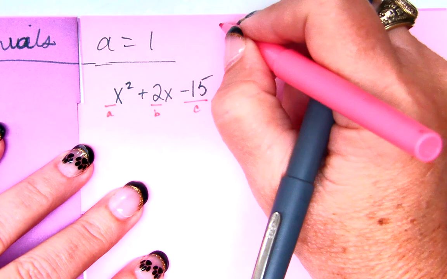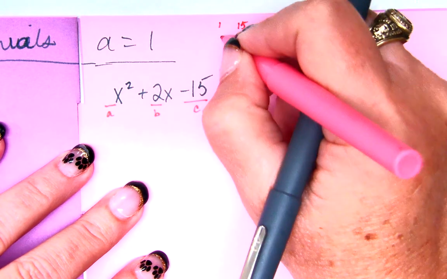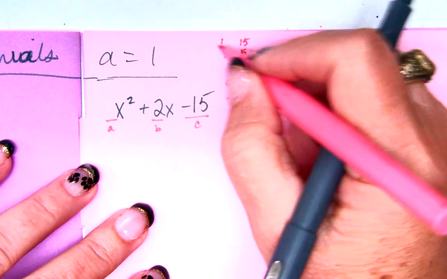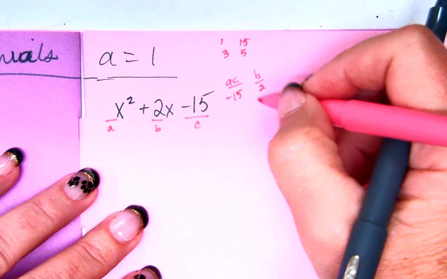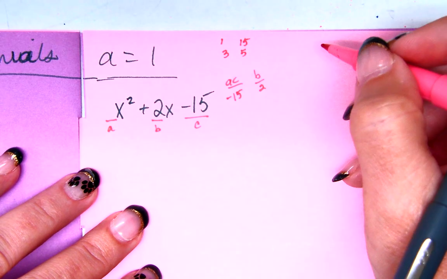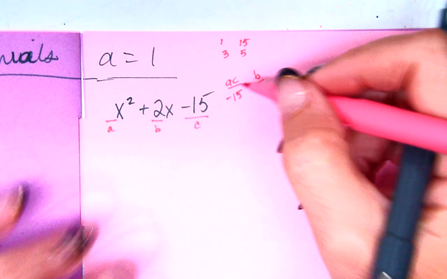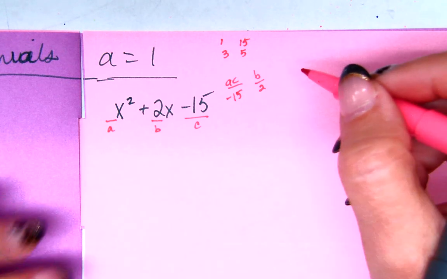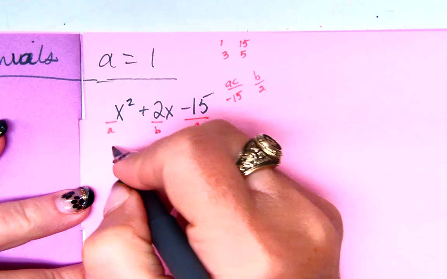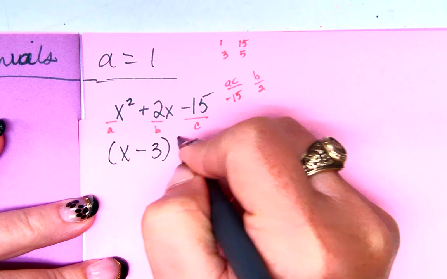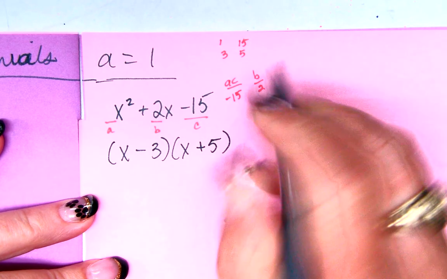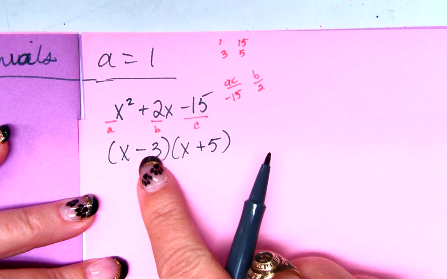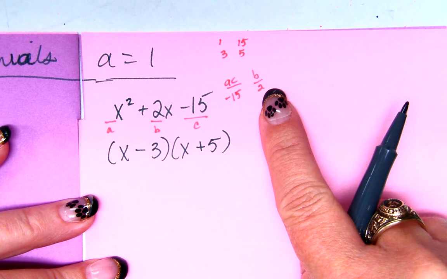What two numbers multiply to be 15? 1 and 15, 3 and 5, right? Which combination of these two is going to give me a positive 2, keeping in mind that when I multiply them, I have to get a negative 15? Negative 3 and positive 5? Because negative 3 times 5 is negative 15, and negative 3 plus 5 is positive 2.